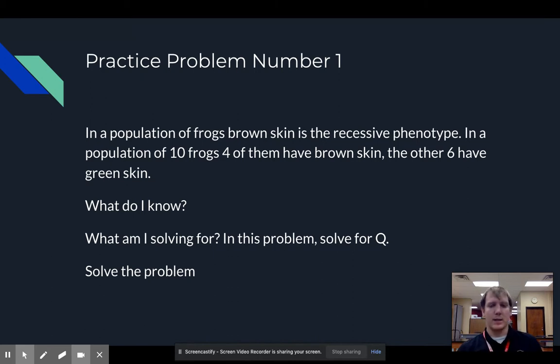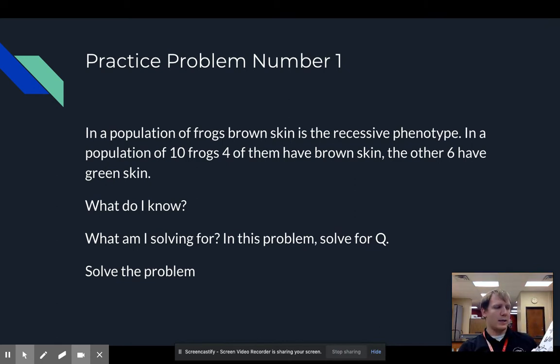Okay, so in this case, they give me Q squared is 4 out of 10. I know that because Q squared is my homozygous recessive, and the only way to have brown skin would be little g, little g. So that's my homozygous recessive. So Q squared equals 4 out of 10.